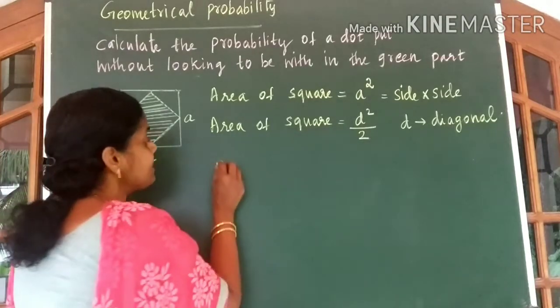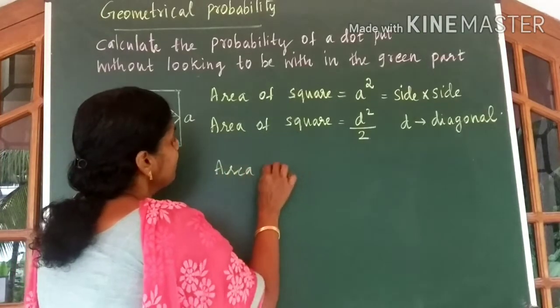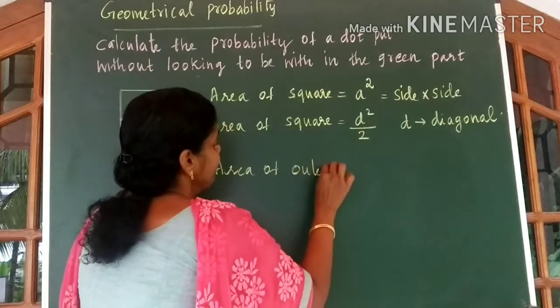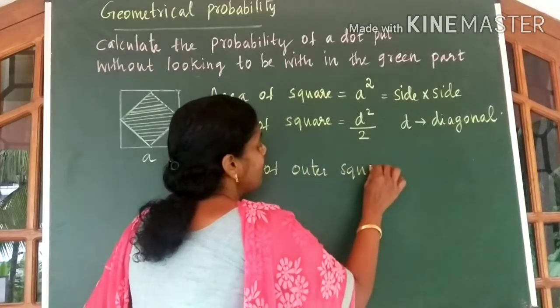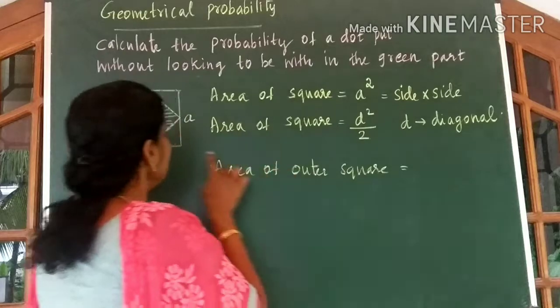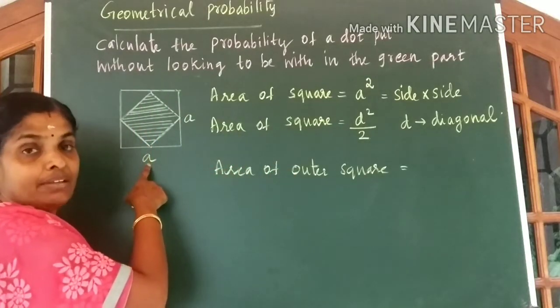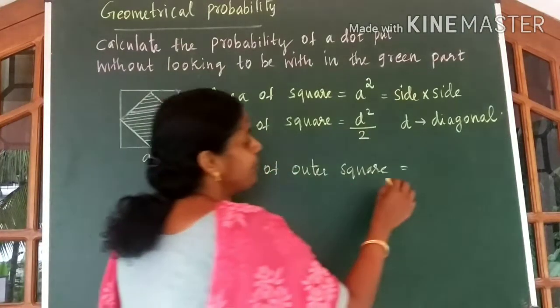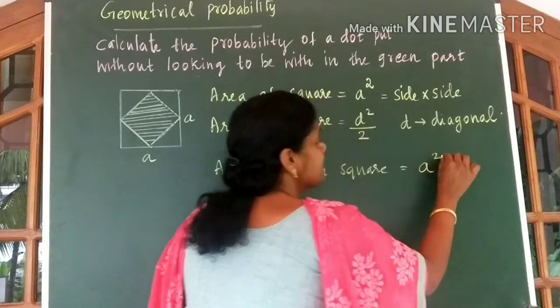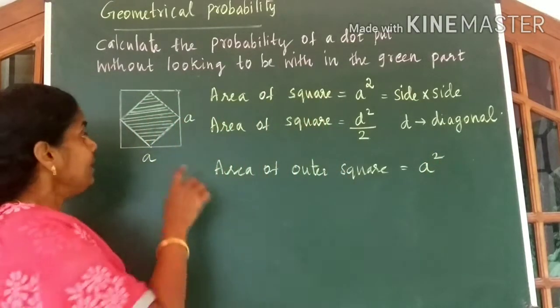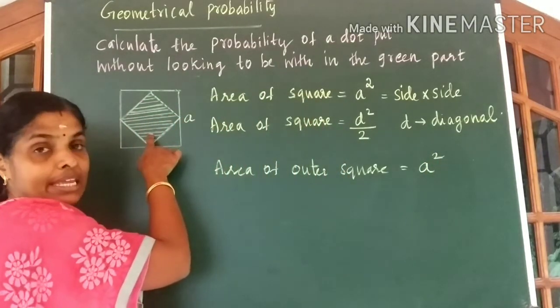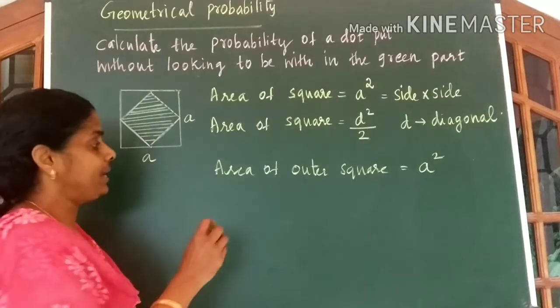Let me write it. Area of outer square is equal to, we know side we took as a, therefore area is equal to side into side, which is equal to a square. Now let us talk about the area of the shaded square.